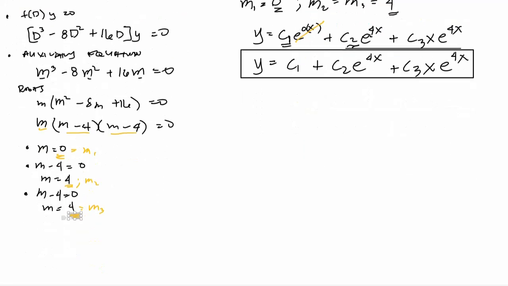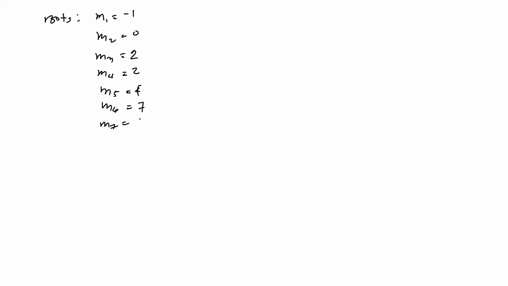So now what if we have, say, an eighth order equation, and we have roots m1 is equal to negative 1, m2 is equal to 0, m3 is equal to, say, 2, m4 is equal to 2, m5 is equal to 4, m6 is equal to 7, m7 is equal to 7, and m8 is equal to 7.